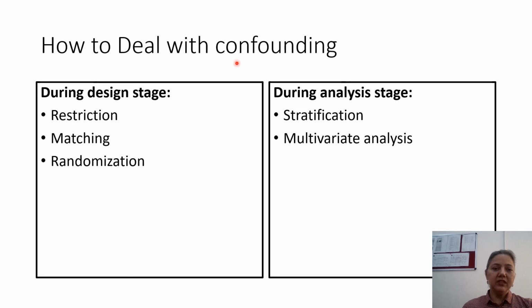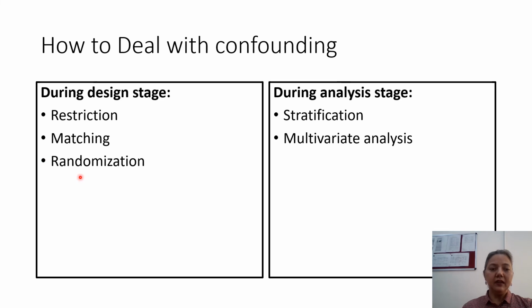Now, how to deal with confounding? During the design stage, we should try to limit the study participants to one stratum of the confounders, which is called restriction. Then for cases and controls, we should try to match them regarding various confounders. If we suspect that certain factors can act as confounders, we should try to match the cases and controls according to those confounders.